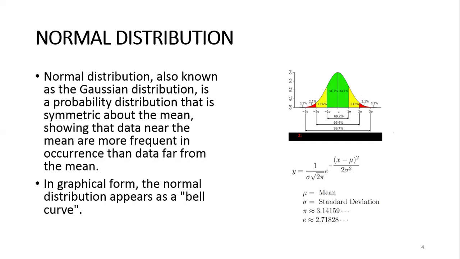Normal distribution, also known as the Gaussian distribution, is a probability distribution that is symmetric about the mean, showing that data near the mean are more frequent in occurrence than data far from the mean. When we say it is symmetric about the mean, do we understand what that means?